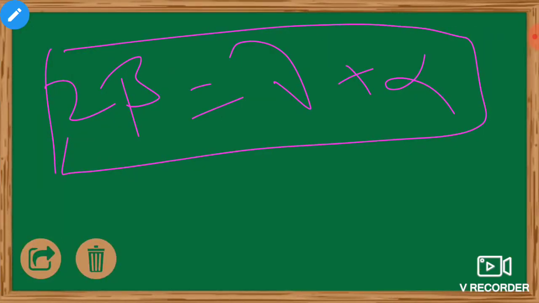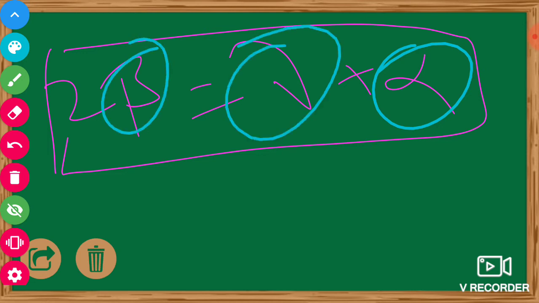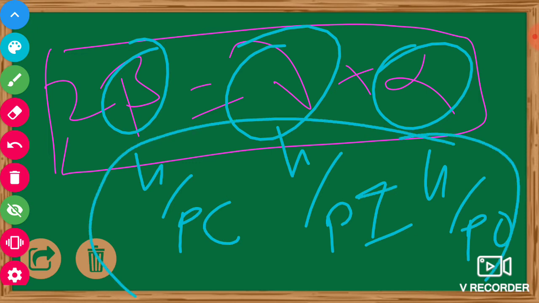In this, if we put the values we obtained, alpha equal to H by PO, beta equal to H by PC, and gamma equal to H by PI, what do we obtain?